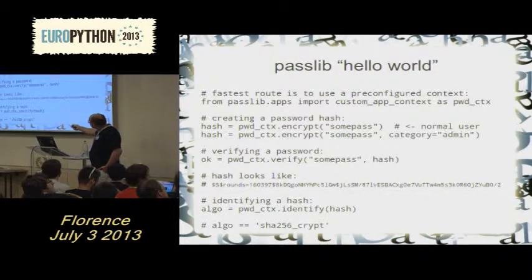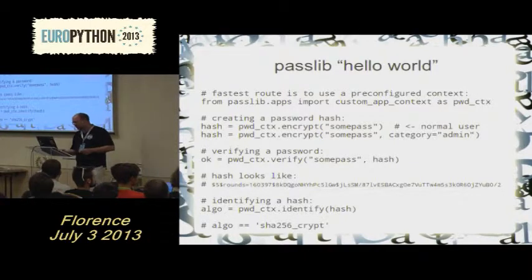And you immediately get this. This is all you get and all you need. You just store this into your database or into your profile. If you really want to know what it is, you can say identify, and it will tell you, okay, it was this algorithm. But you basically don't need it because it detects it automatically and uses the right algorithm.